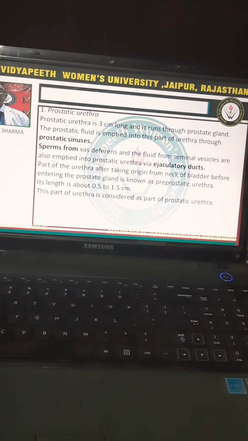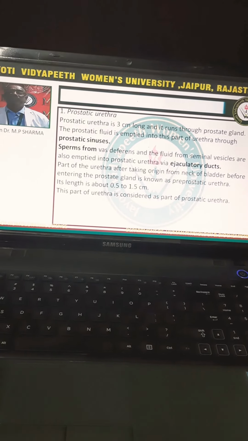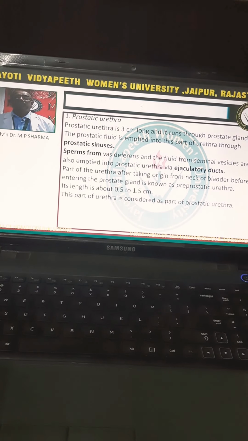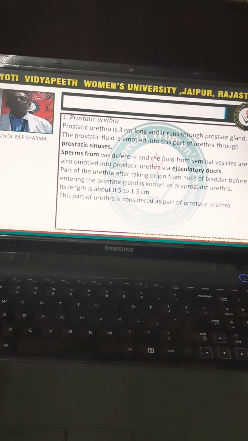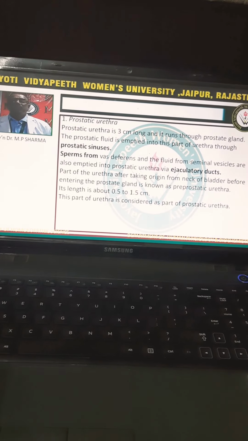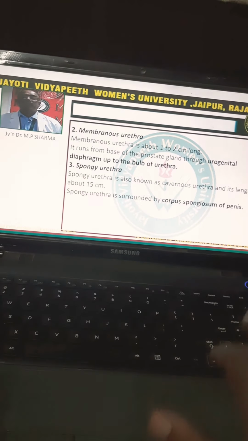The part of the urethra after taking origin from the neck of the bladder before entering the prostate gland is also considered as a part of prostatic urethra, and its length is about 0.5 to 1.5 cm.